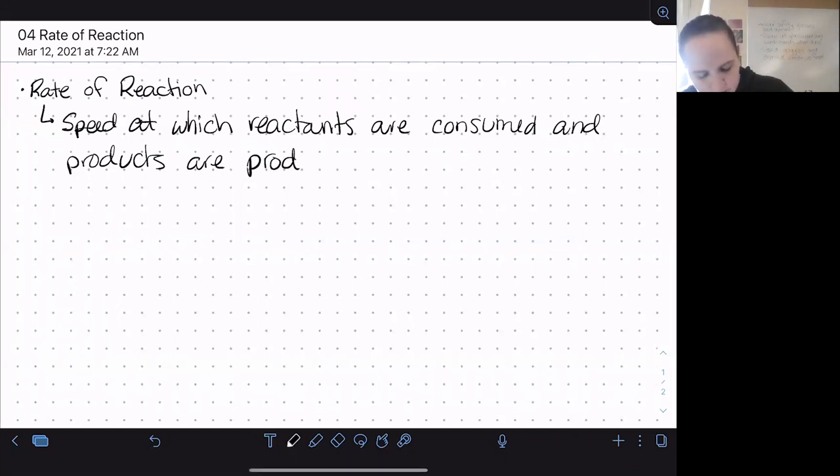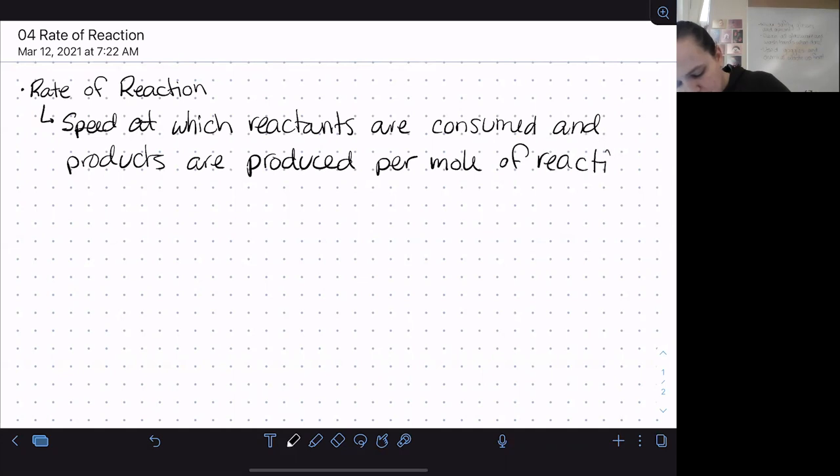And if we're talking about the rate of a reaction as a whole, that means we're expressing it per mole of reaction, which just means for the number of moles specified by the coefficients.